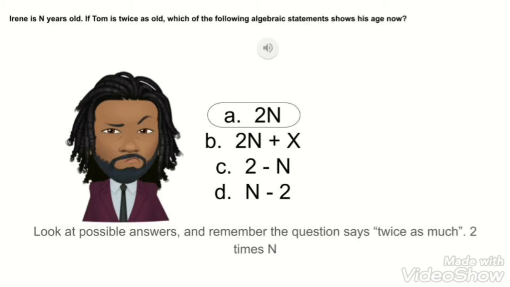So you can kind of eliminate those without wrecking your brain. You can get it down to, okay, 2 minus n is definitely wrong. n minus 2 is wrong for sure. It's going to come down to 2n or 2n plus x. And we don't see a plus anywhere. So 2n is correct.